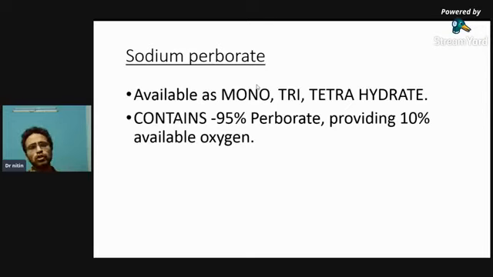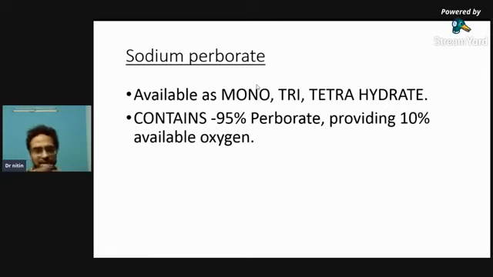Now a few veteran dentists also use sodium perborate. Sodium perborate is a beautiful bleaching agent which is specifically used in non-vital cases. So if non-vital bleaching is to be done, sodium perborate is used, and it is available in mono, tri, tetrahydrate forms, which contain 95% of perborate and provide 10% of available oxygen.